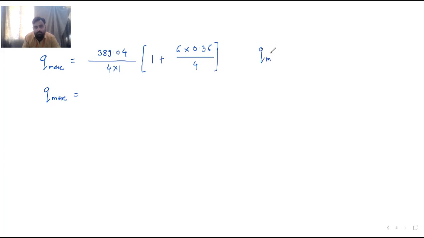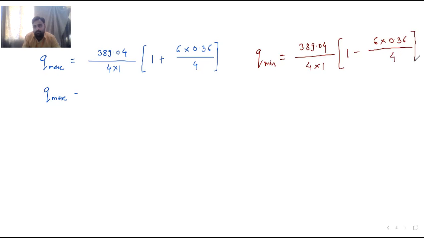Similarly, for Q minimum, which is equal to 389.04 divided by 4 into 1 in bracket 1 minus 6 into E 0.36 divided by 4. So Q minimum is equal to, and Q max is equal to. Let me know the answers.